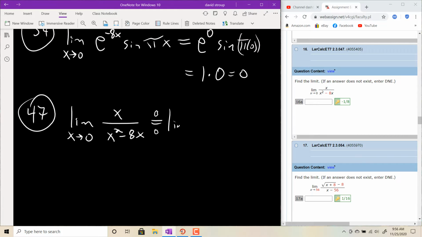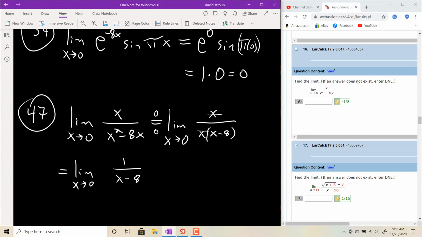So you can't do a substitution here. You have to first use some algebra. If you factor an x out of the denominator, the x's will cancel, and you get 1 over x minus 8. Then plugging in 0, now you can actually figure it out, right? It's just 1 over 0 minus 8, which is negative 1/8.